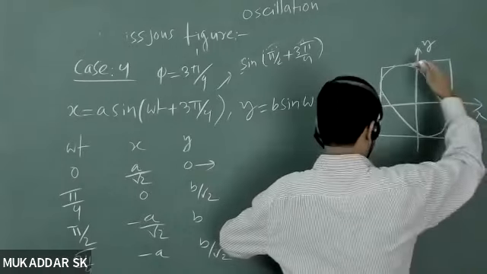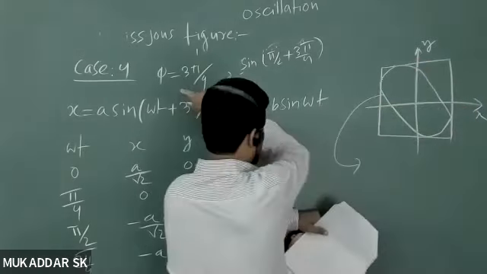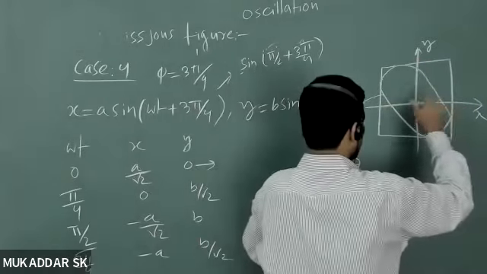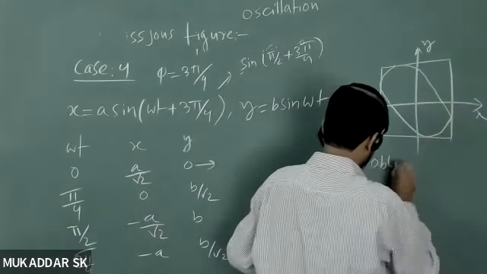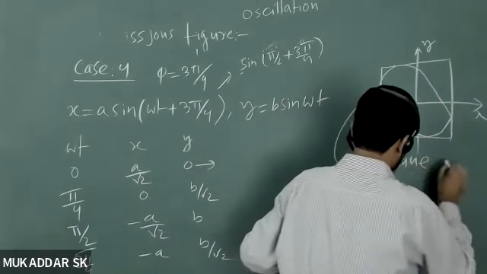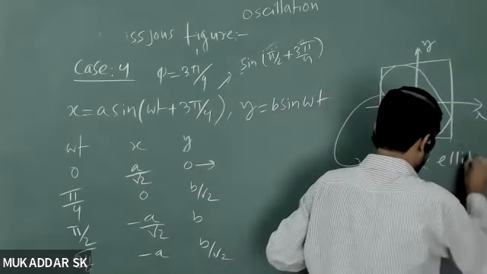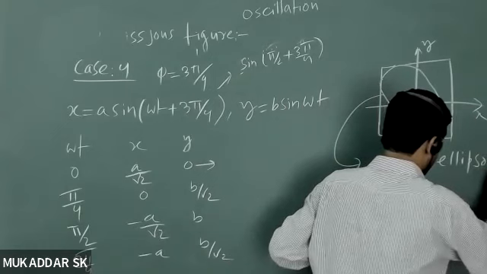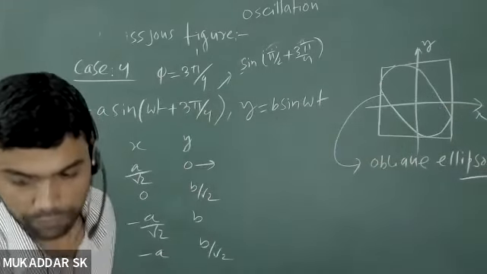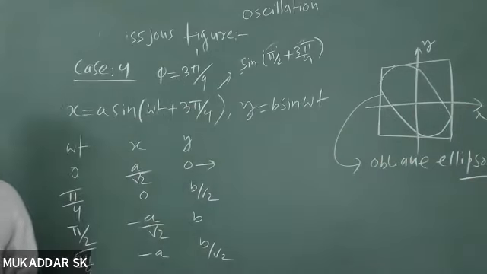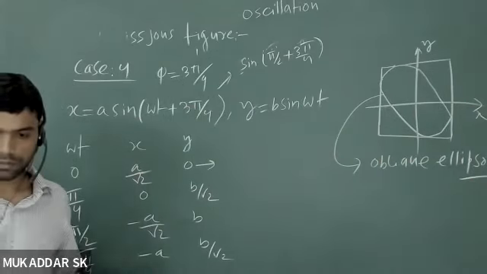Now for this case, when phi is 3 pi by 4, the shape will be the same, but the orientation is different. Is it quite clear?